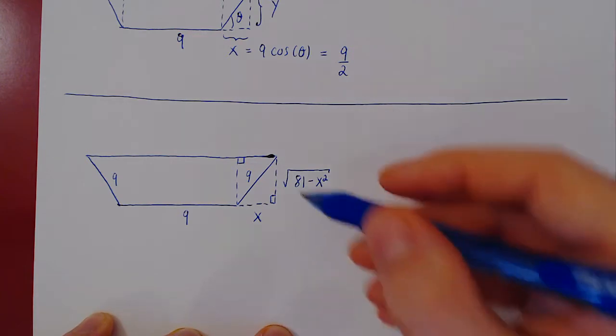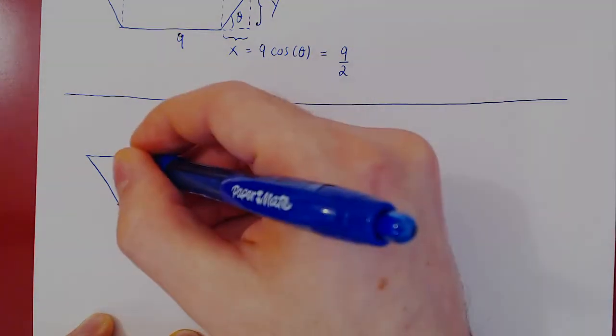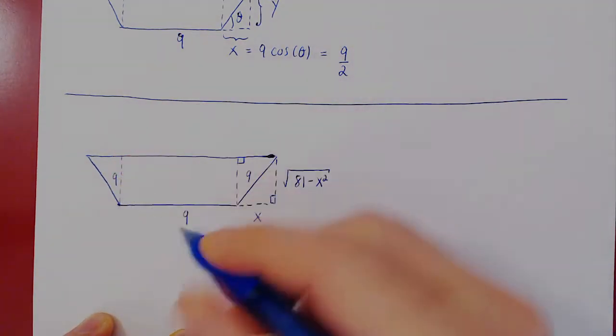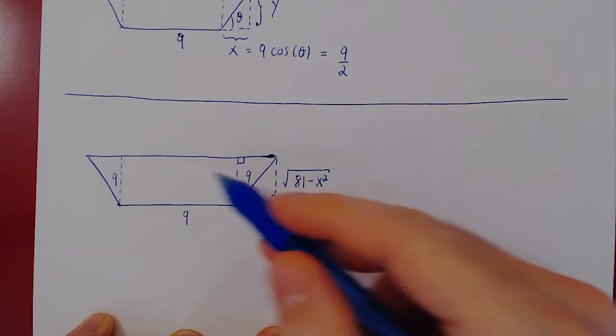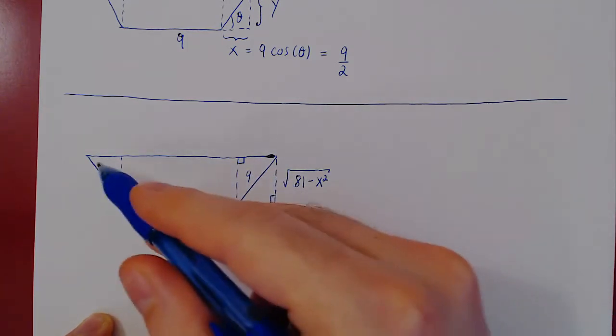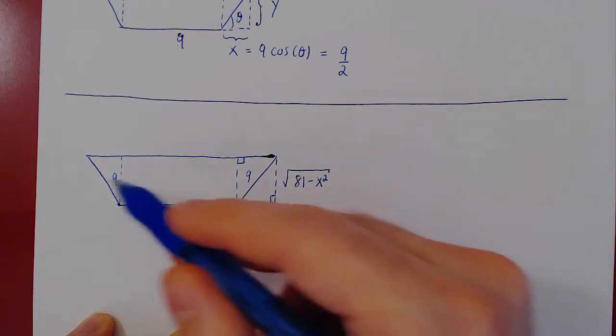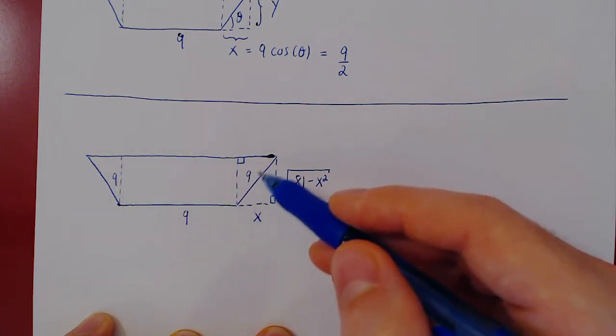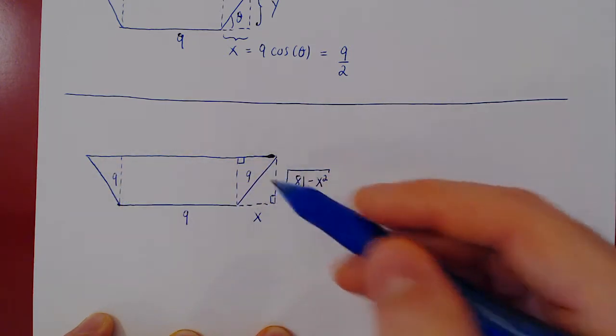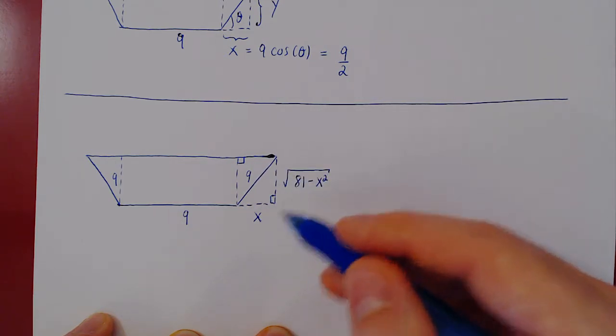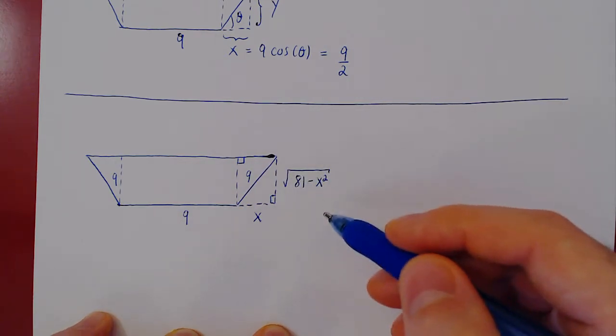And now, well, the area of the two triangles, these are the same triangles, so the area of this plus the area of this is just the area of the rectangle, which is the base times the height, so x times the root of 81 minus x squared.